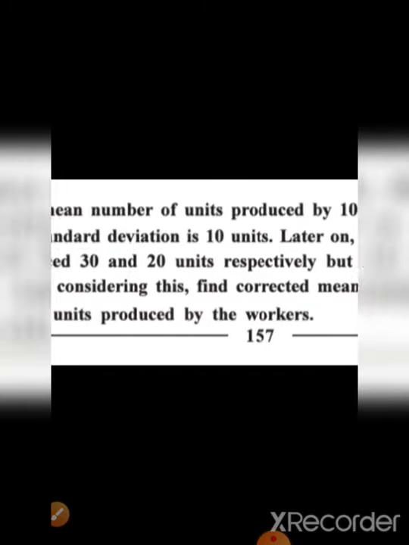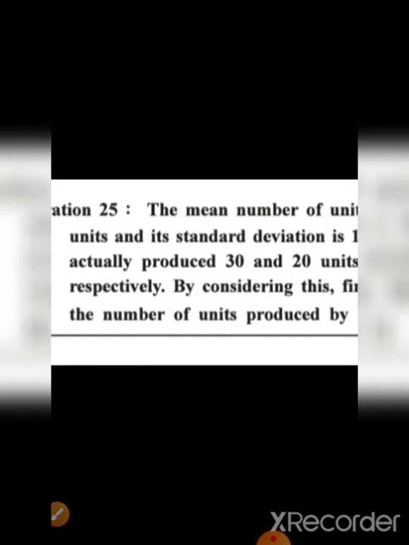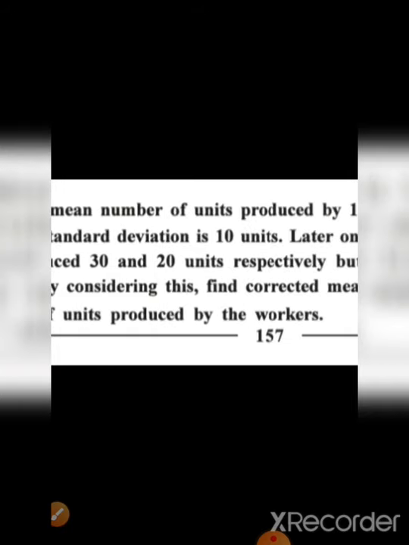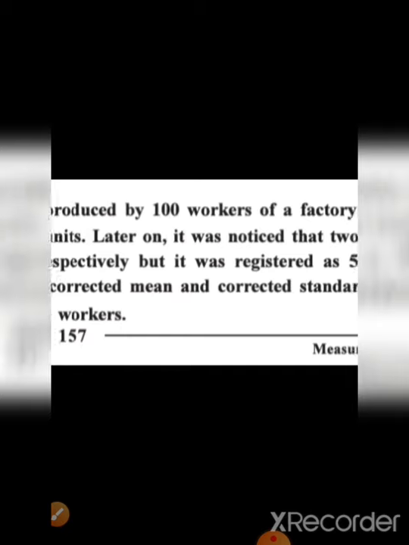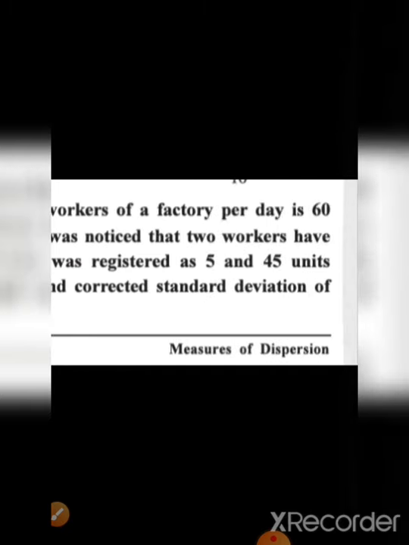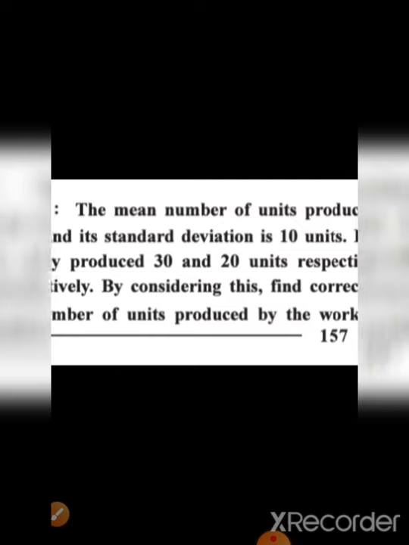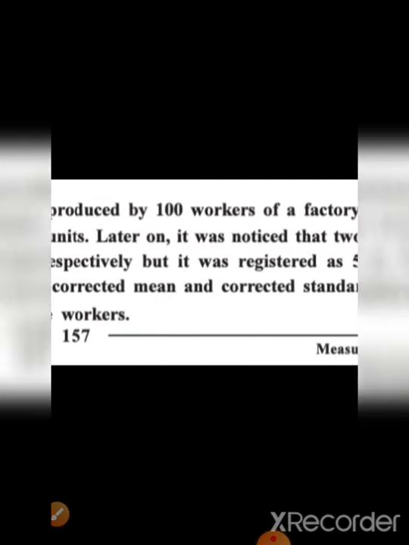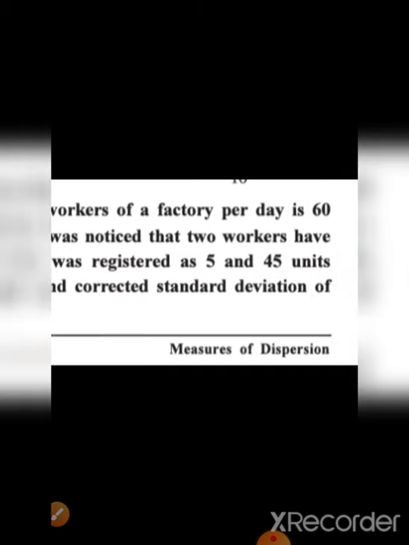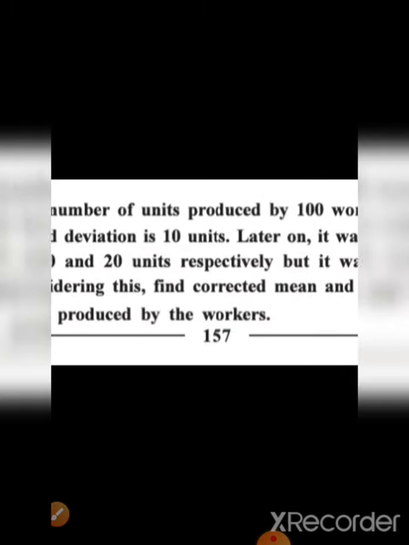Later on, it was noticed that two workers actually produced 30 and 20 units respectively, but it was registered as 5 and 45 units. So children, over here they have given you the wrong observations, and they have given you the correct observations. The correct observations are 30 and 20, but the wrong observations are 5 and 45.